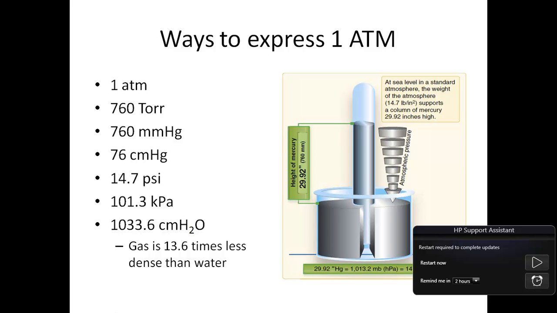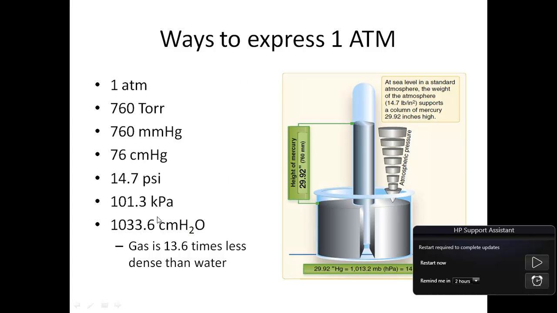Gas pressure is frequently expressed as the height of a column of fluid. Most of the time we're going to use either water or mercury. The use of these expressions is based on the principle that the barometric pressure, so again that's big P, little b, is expressed as the height of a column of fluid housed in a vacuum when exposed to atmospheric pressure multiplied by whatever that fluid's density is.